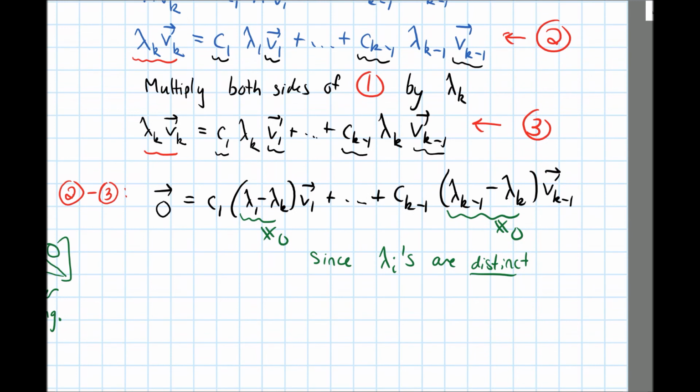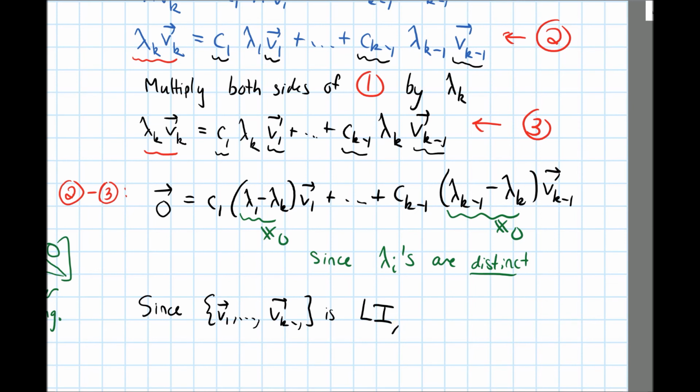The other part that I want to note is that since the vectors v1 up to vk minus 1, since this set of vectors is linearly independent, and what I have here is a linear combination of these linearly independent vectors, v1 up until vk minus 1, that equals 0, because remember, it equals 0 on the other side.